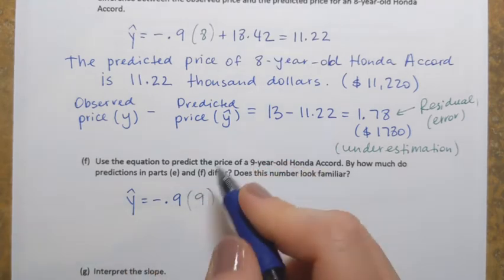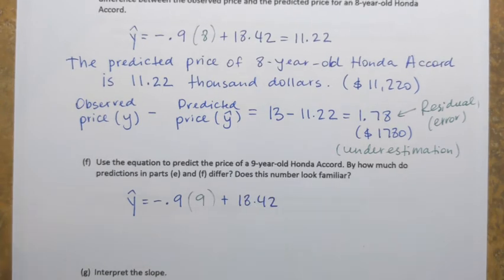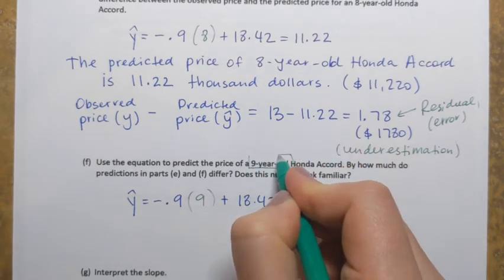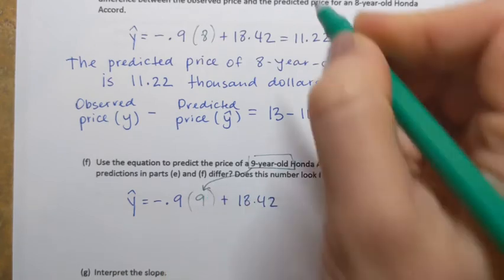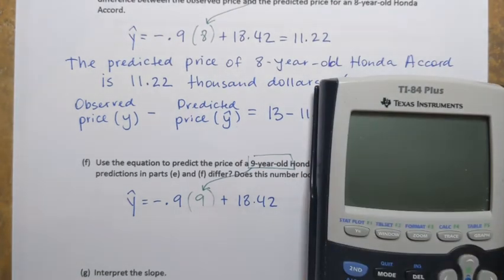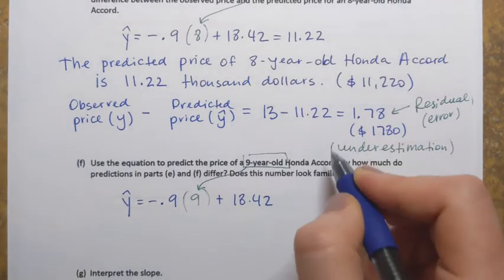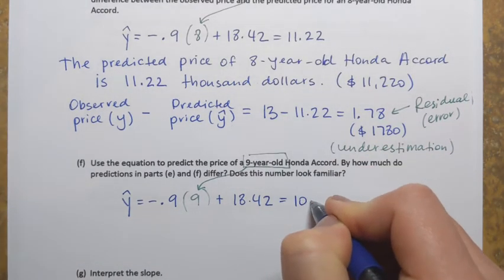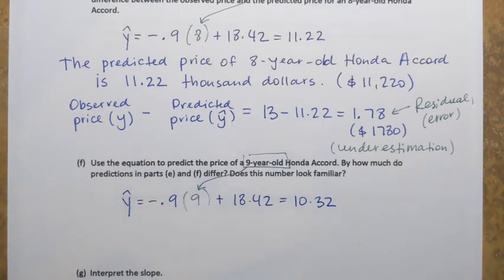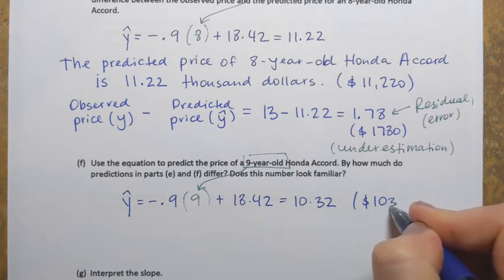Let's see what's the point of that question, because there is a point. We're plugging in this number over here. Negative 0.9 times 9 plus 18.42 is 10.32. So that's the predicted price, $10,320.